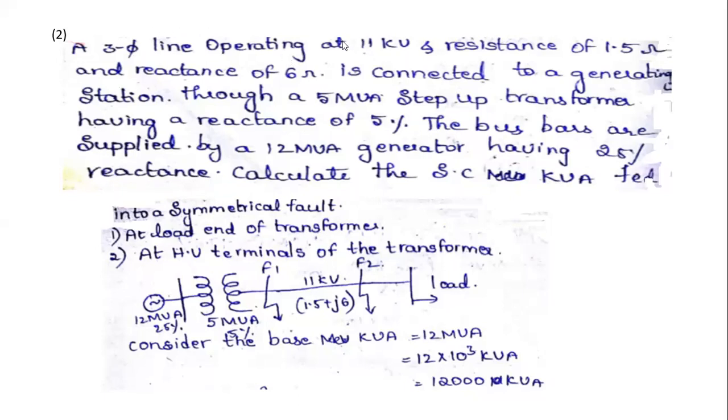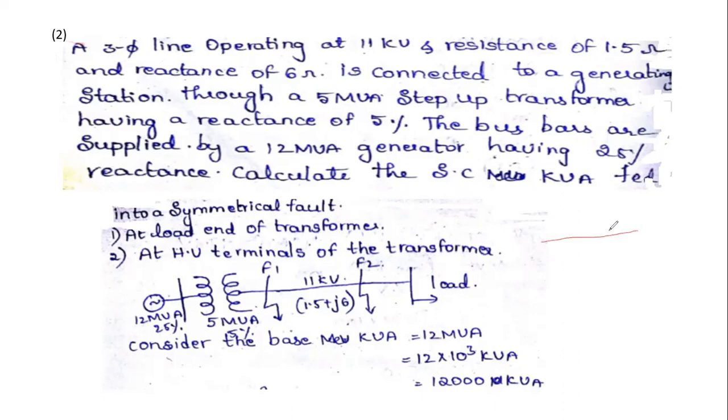From the given data, first of all, we draw the single line diagram. First, what components are there? That is resistance and reactance.